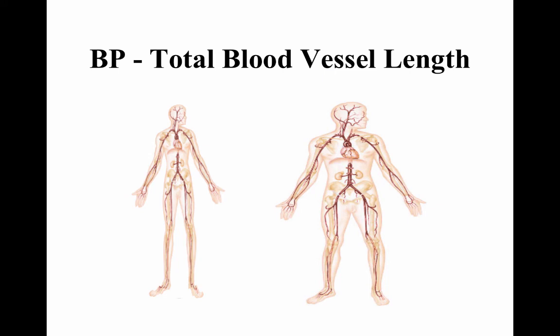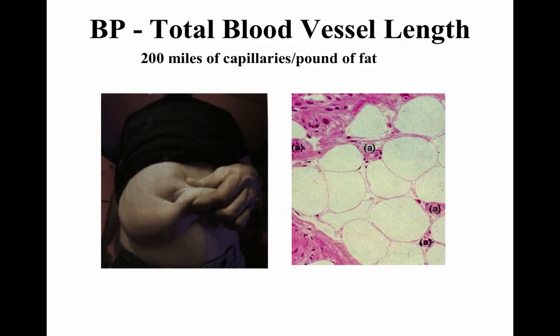If we think about total blood vessel length in relation to blood pressure, we realize that this is a factor as well. For instance, 1 pound of fat has over 200 miles of capillaries within it. So we have a lot of vasculature in our body, and this has an impact on our blood pressure as well.